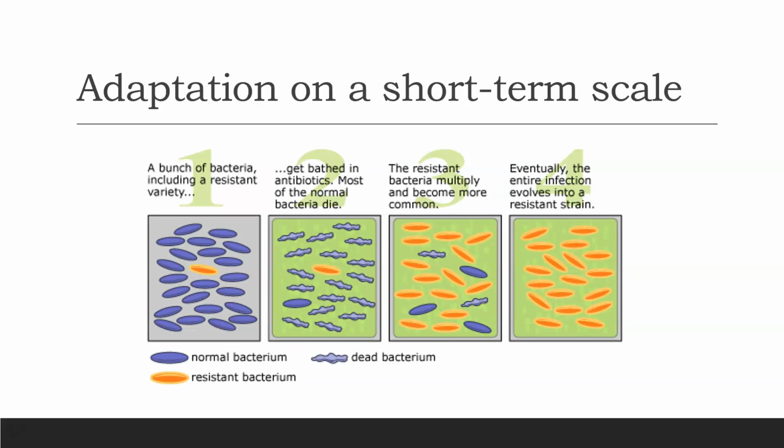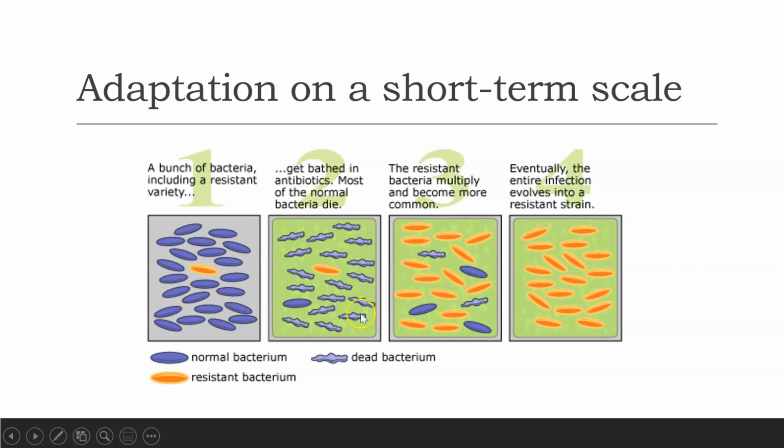So this seems like it takes place on a long time scale, but this can actually happen very quickly depending on how quickly a species reproduces and how many offspring they have. So you're probably familiar with antibiotic resistance. So we start with your normal bacteria that get killed by the antibiotic plus one resistant bacteria.